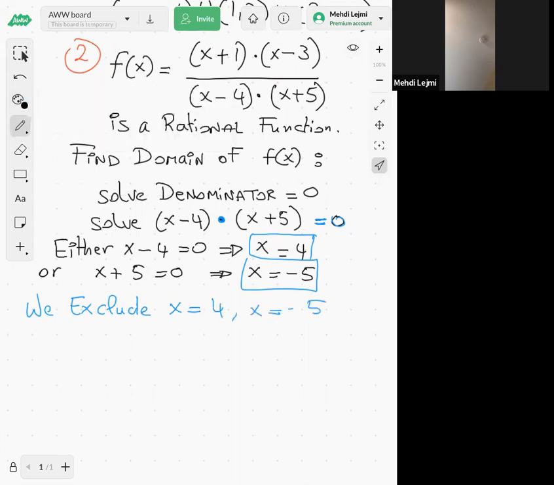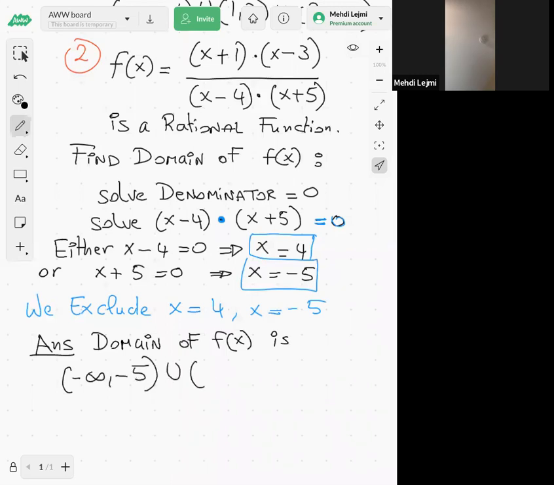So then the answer, domain of f of x is negative infinity, negative 5, union with negative 5, 4. Both of them excluded, of course, so we use parentheses, right? So union with 4 positive infinity, right? So that's for the domain of a rational function.